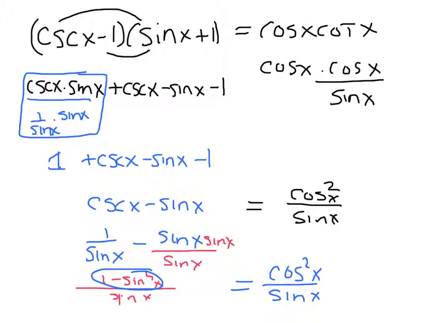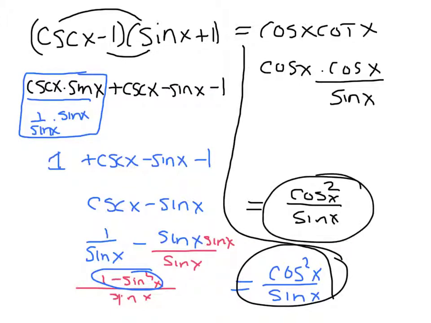And so I would say on this problem, I simplified the right-hand side of the equation and the left-hand side of the equation to the same form. So I did general strategy number 2, transform both sides of the identity into the same expression. These are the same, and so it's an identity.